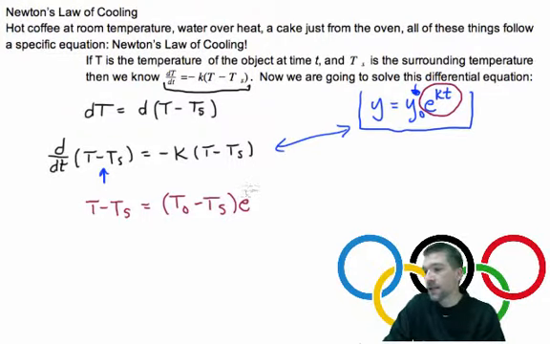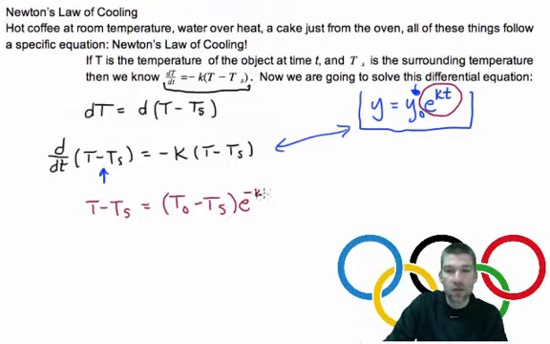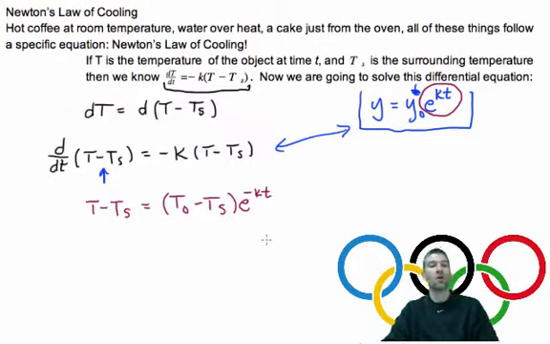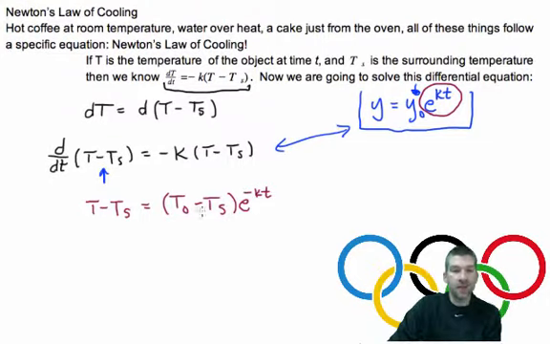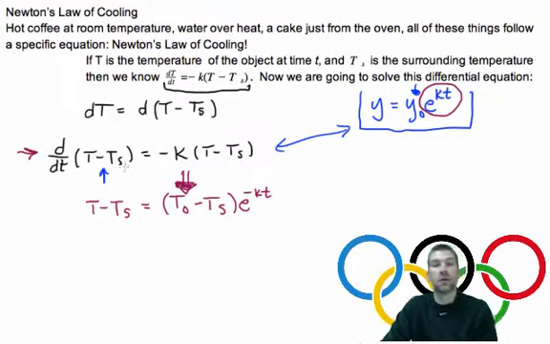And in this case, our k will have a negative sign in front of it because we're talking about a decay situation where temperatures are cooling. And so if you just follow the steps that we've taken previously, we can get to this equation from this differential equation. And if you want to sort that out on your own, that's fine.